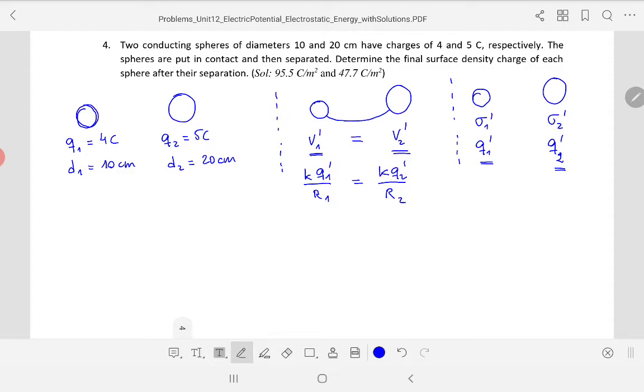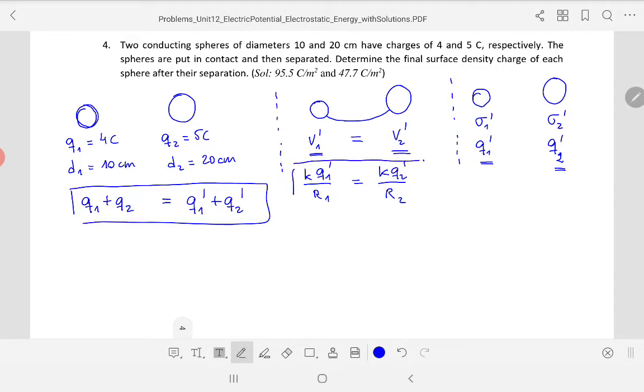Okay, so for solving this, we also need to bear in mind that the charge is conserved, so that Q1 plus Q2 before they are put in contact has to be equal to Q1 prime plus Q2 prime. So with these two expressions, we should be able to solve the problem.